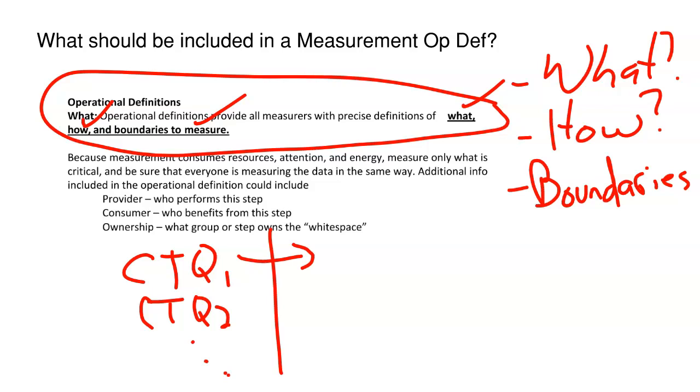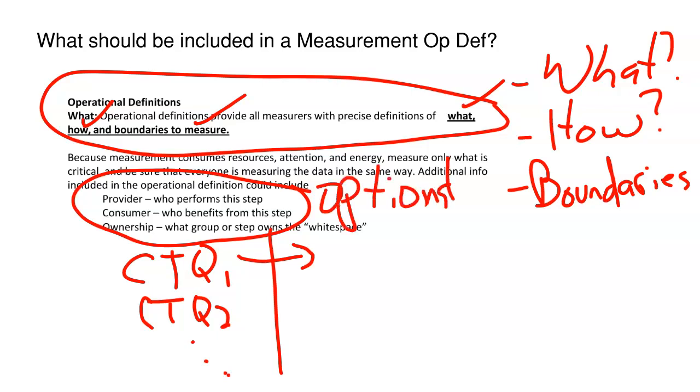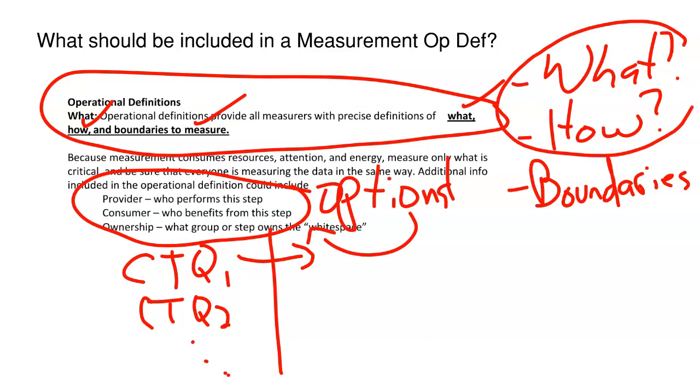I've always got boundaries, often, especially with time-based metrics. And then I may want to consider some of these other elements, like who's performing this measurement step? Who's to benefit from this, or whom are we measuring, and who is the owner or accountable for particular areas. Those are optional things. These, though, are the biggies.